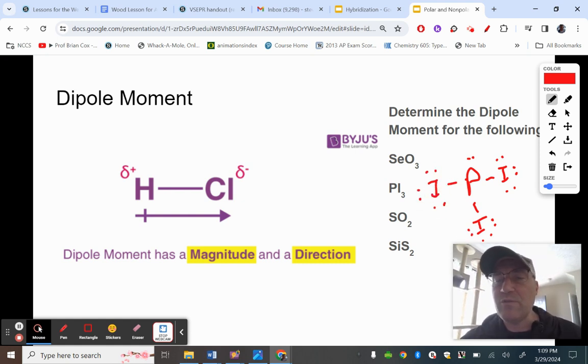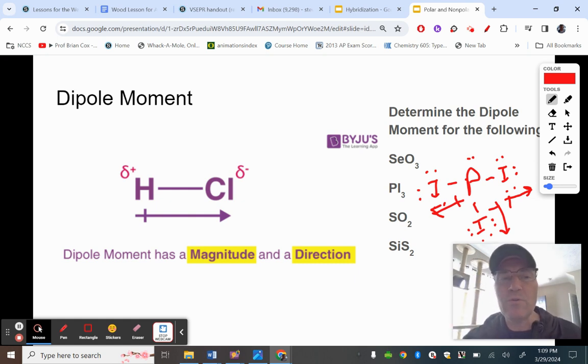This is the correct way of drawing it. We did it earlier. And what happens is there's an electronegativity difference between these atoms. And you can look it up. I'm just going to kind of draw it in. So they don't share evenly. And since they don't share evenly, this molecule has areas on it that are either negative or positive.